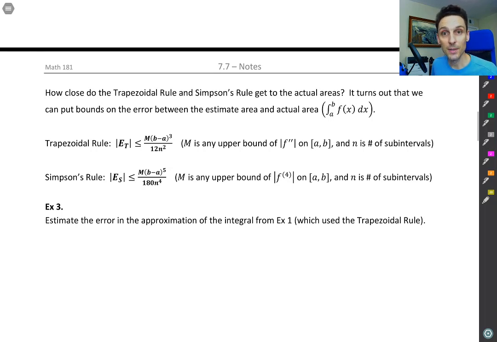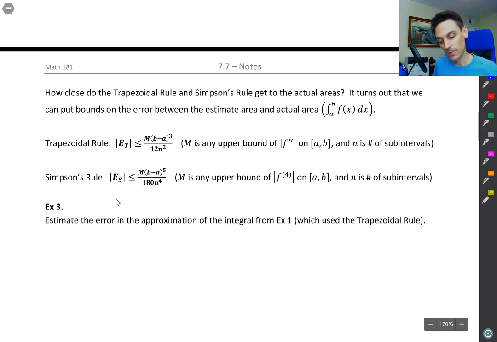Also notice that because of the n to the fourth in the denominator, Simpson's rule is going to have a smaller error over the long run. So for big values of n, the n to the fourth in the denominator is going to make the fraction a lot smaller than the n squared will. So Simpson's rule is going to have a smaller error when n gets larger. So that's just a general intuition about these error bounds.